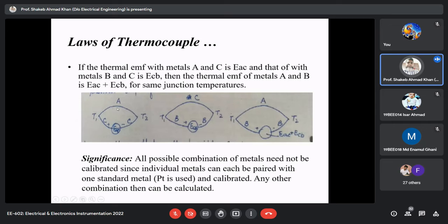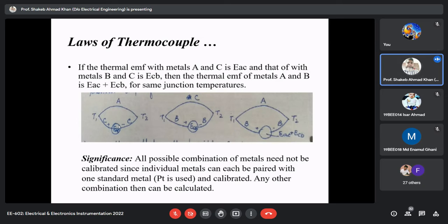So now you are having all the metals calibration table with respect to one common metal. Generally platinum is used.